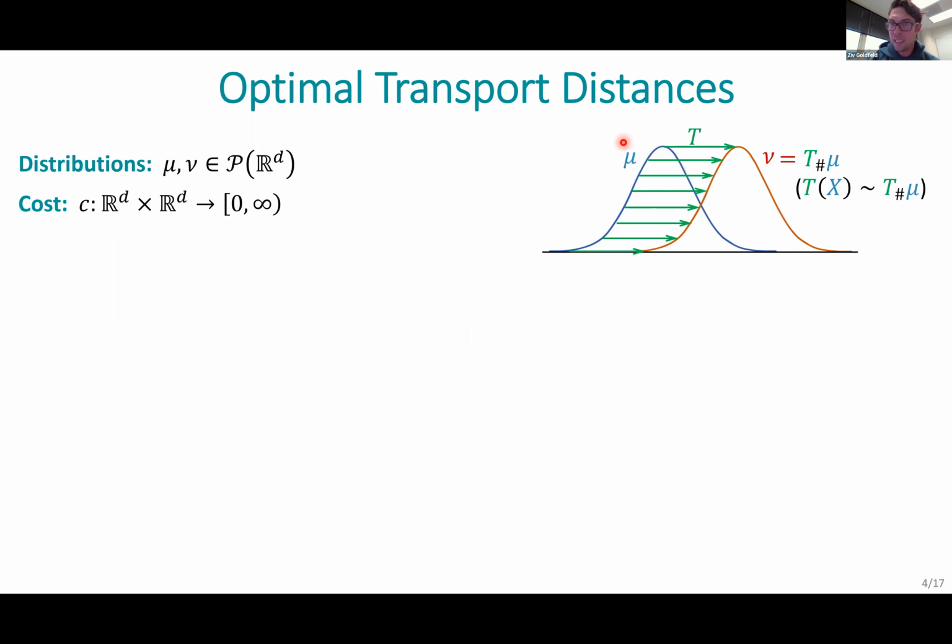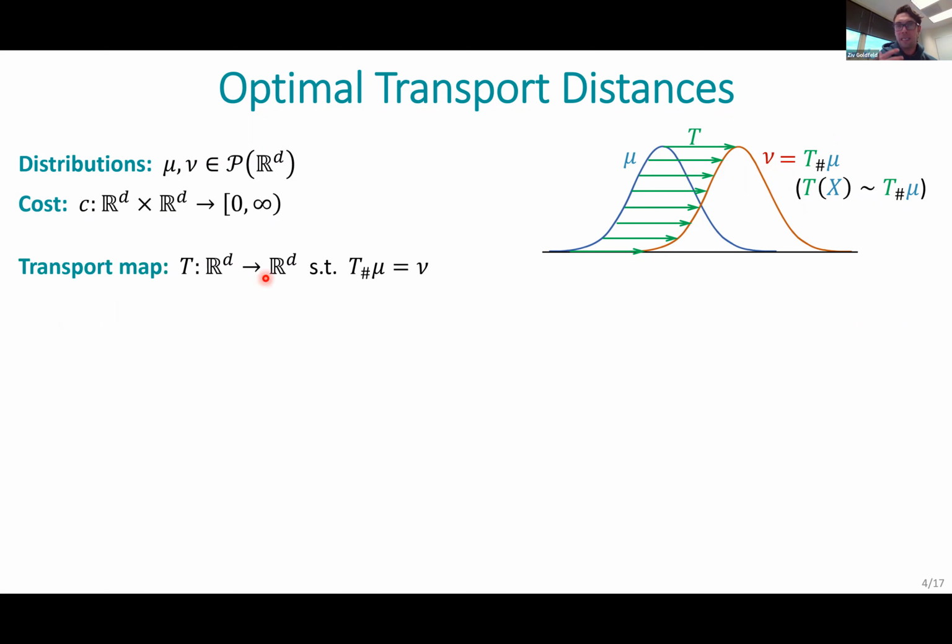So if X is distributed according to mu, then T of X is distributed according to the push forward T#mu. From this equality, you see that this is really the requirement: we want a function that would reshape mu into nu. Such functions are what we call transport maps.